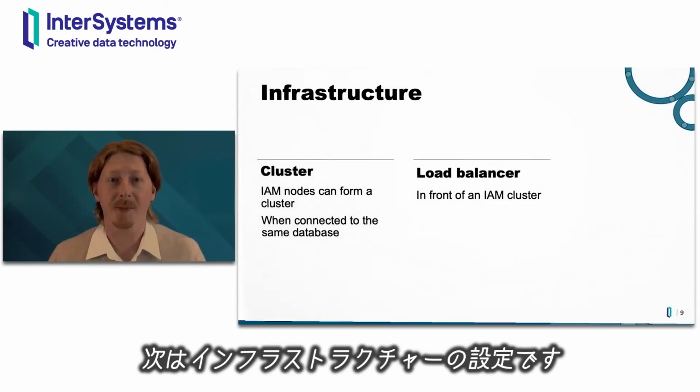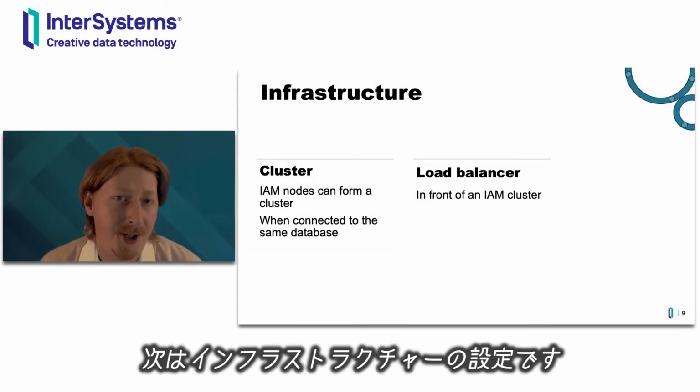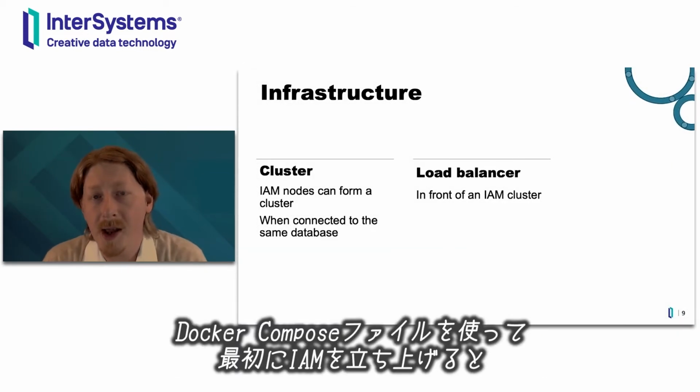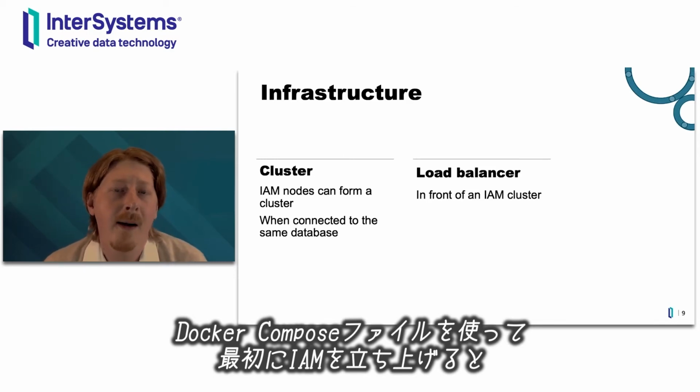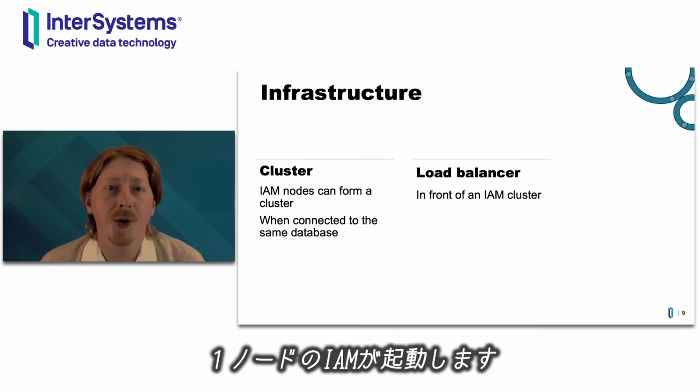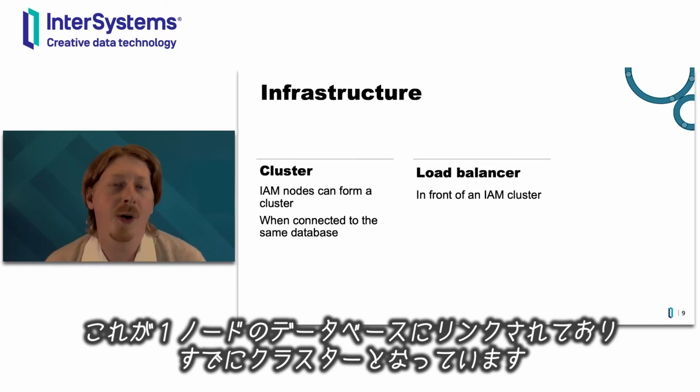The next big topic we want to dive into is infrastructure setup. So when you start IAM for the first time using the Docker Compose file that we ship, what's going to happen is that we launch one node of IAM, and that's linked to one node of a database. And literally, this is already a cluster.